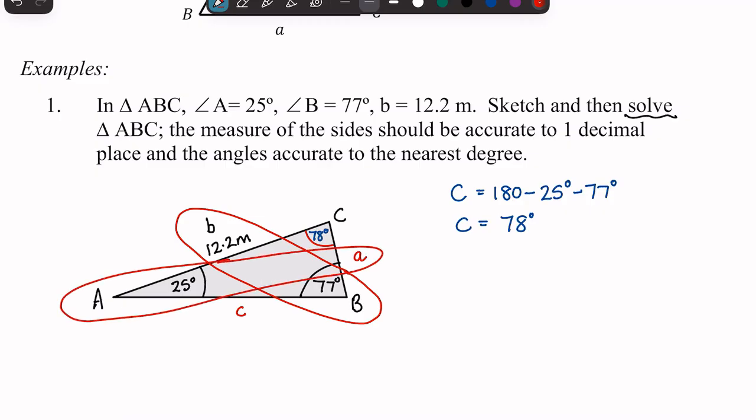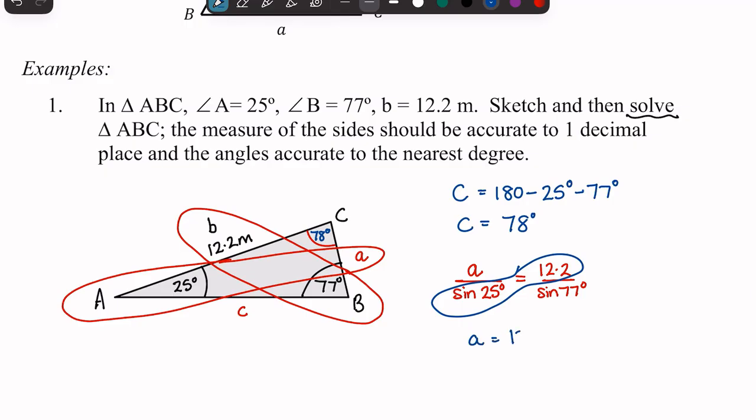Okay, so starting with your unknown value, which is little a, divide that by sine of big A, 25 degrees, and set that equal to little b, which is 12.2, divided by sine B, which is sine of 77 degrees. Now, just as with any proportion, we solve it with a peanut method. So we end up with a is equal to 12.2 sine 25 degrees divided by sine 77 degrees.